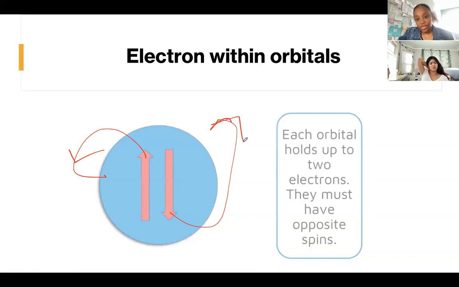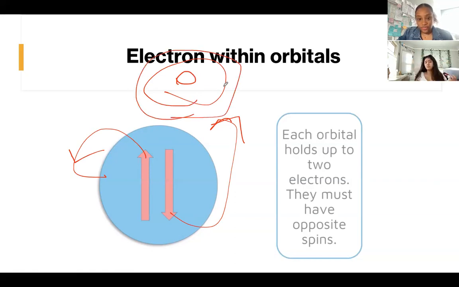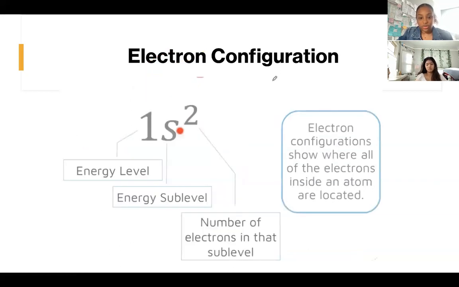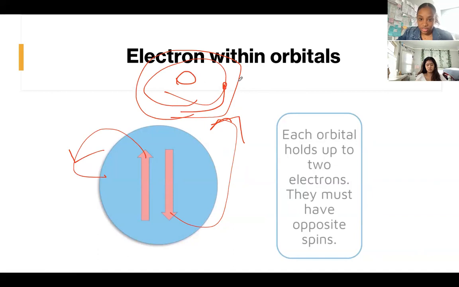If you were imagining the Bohr model, you want this one to spin this way and you want the other one to spin the other way, because when you're thinking about electrons, you're thinking about charges.